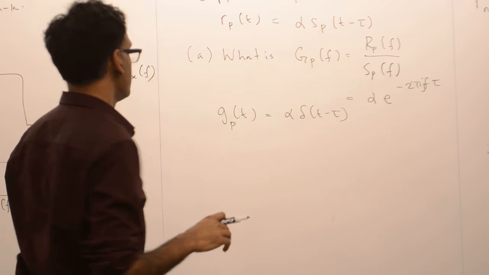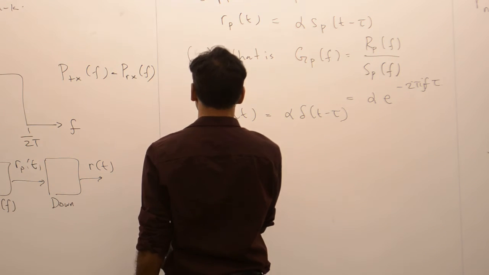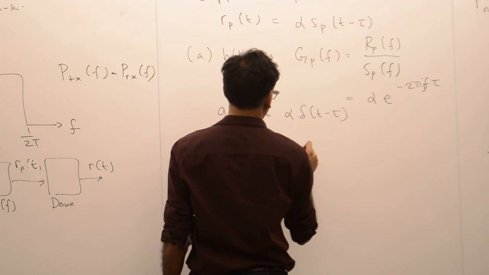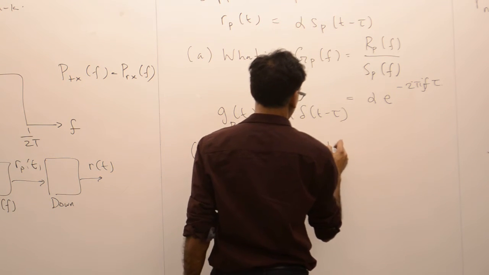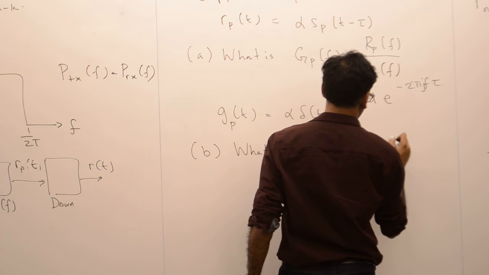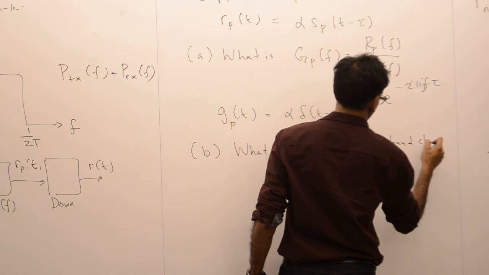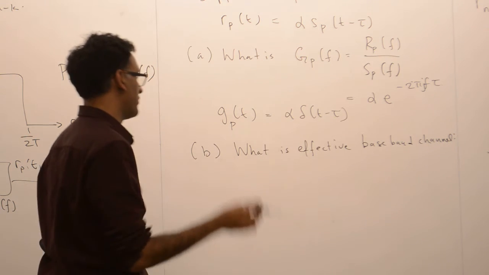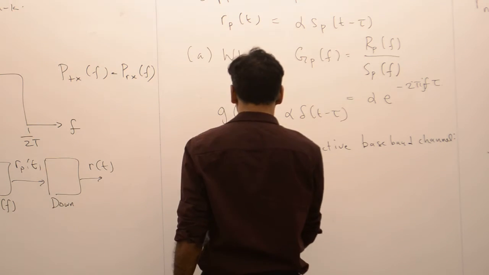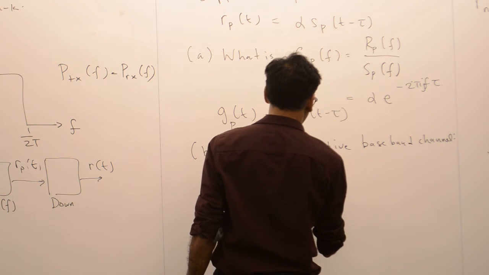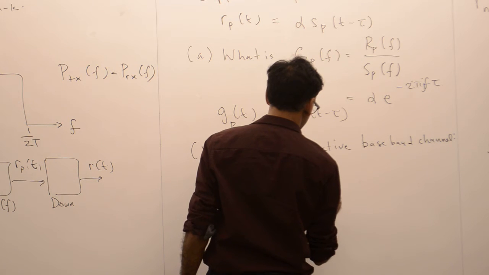Okay. So what is the effective baseband? A lot of this stuff is just finding effective channels of each other. So that is G of f is equal to R of f over S of f.